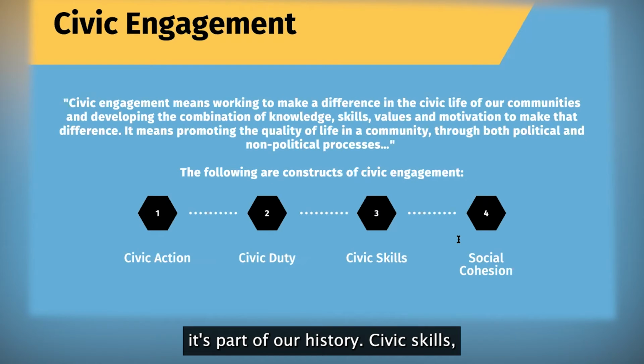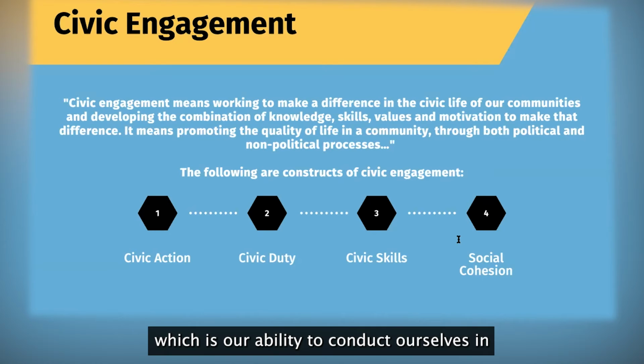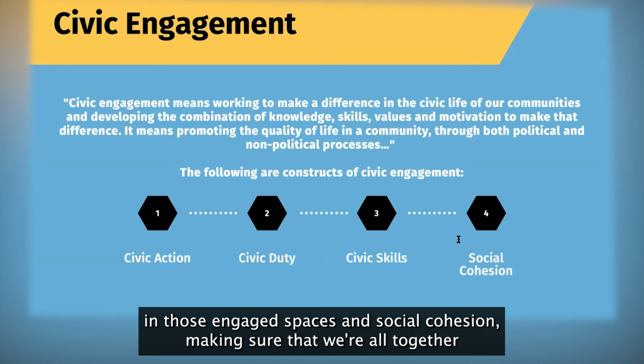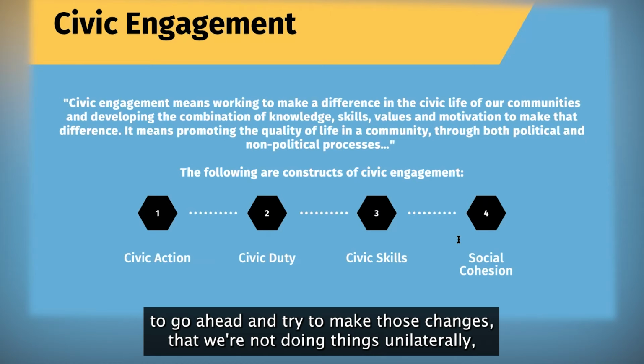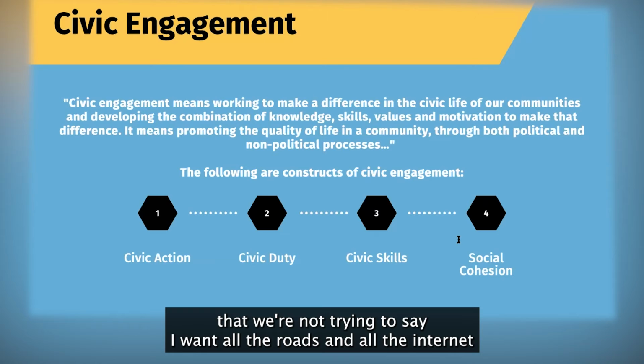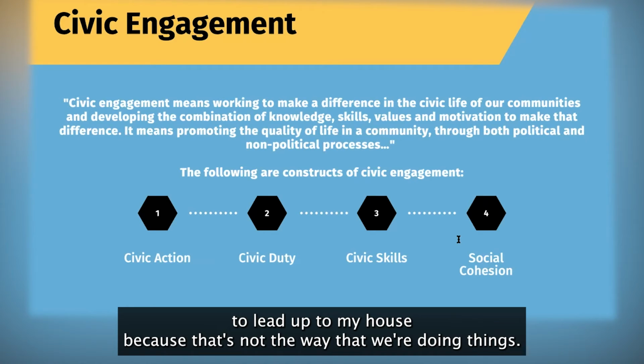Civic skills, which is our ability to conduct ourselves in those engaged spaces, and social cohesion, making sure that we're all together to try to make those changes, that we're not doing things unilaterally, that we're not trying to say, I want all the roads and all the internet to lead up to my house, because that's not the way that we're doing things.